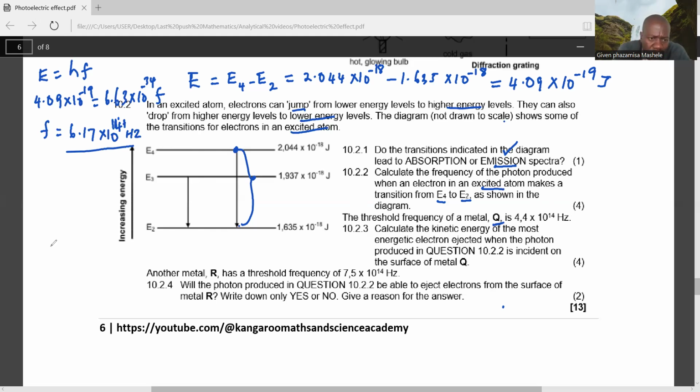So we're given f naught. f naught is 4.4 times 10 to the power 14 hertz.